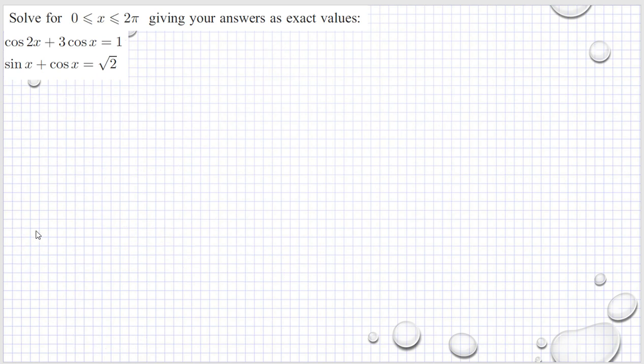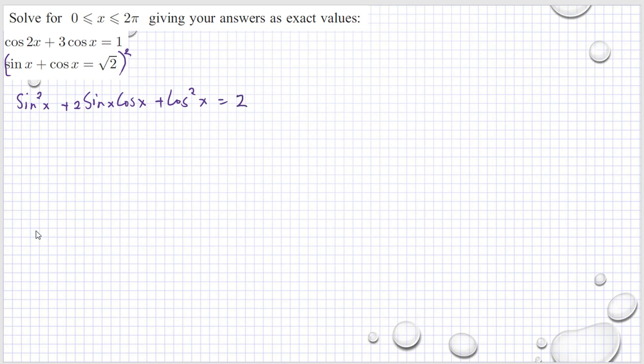We have sine x plus cosine x is equal to square root of 2. So what I think I can do here is, if I'm going to square both sides of the equation, then I have sine squared x plus 2 sine x cosine x plus cosine squared x is equal to 2.